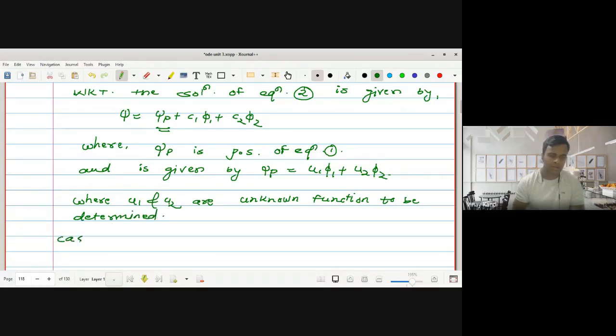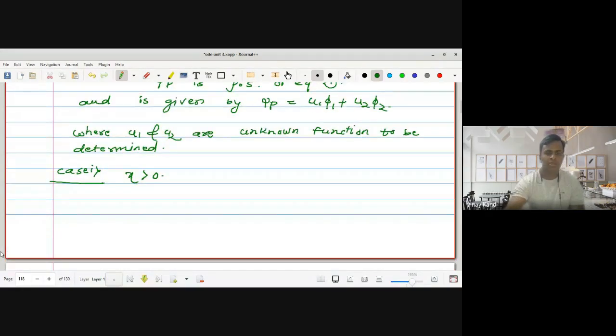Okay, now case 1. Let's put case 1 for x greater than 0. If x is greater than 0, that implies mod x is equal to x.